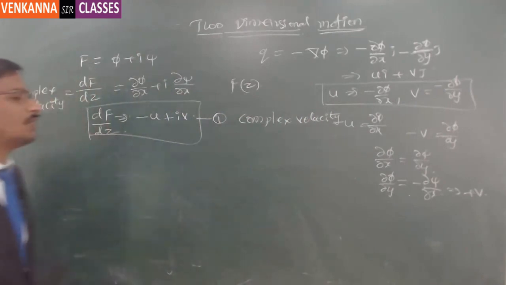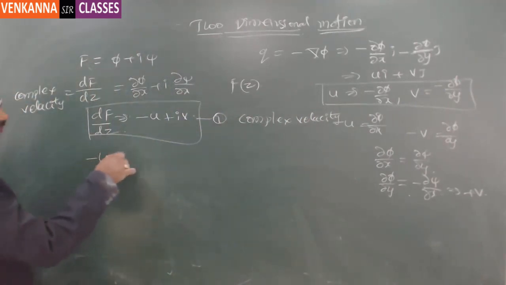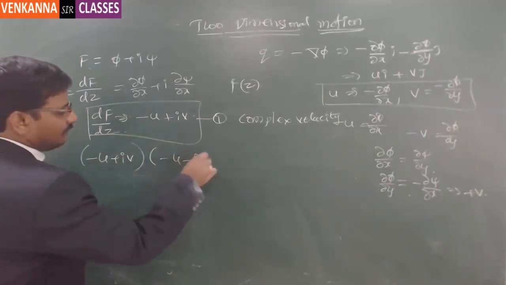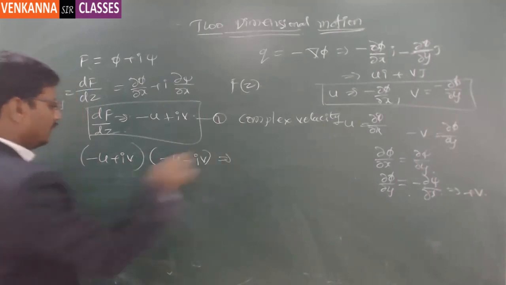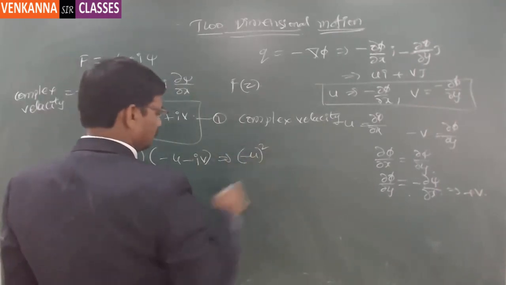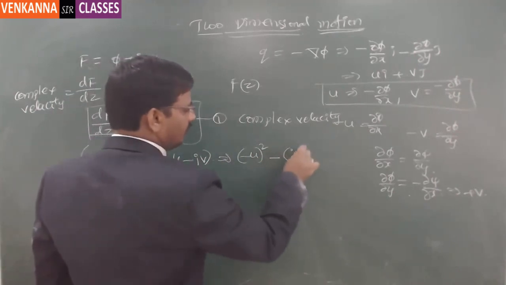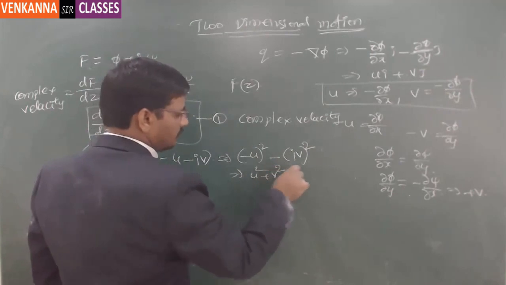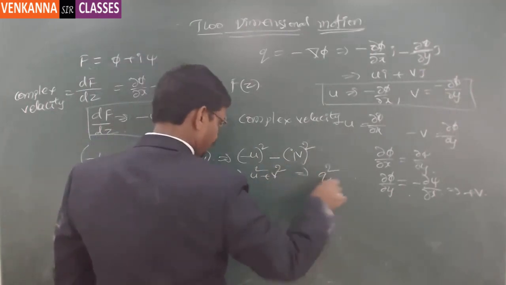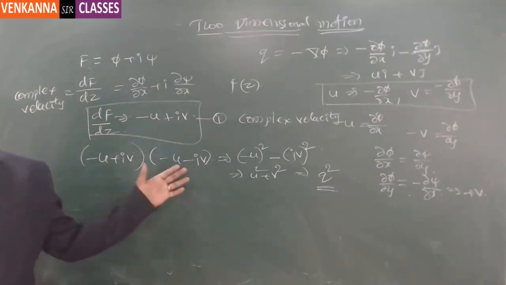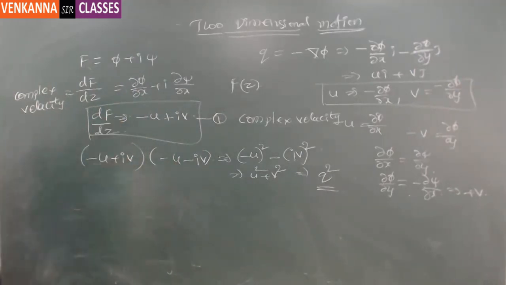Now if you want to find the magnitude of the complex velocity, we know that minus u plus iv into minus u minus iv, the product of these two, is a plus b into a minus b, that is a square minus of iv whole square, and this will be u square plus v square. This is nothing but q square. You can get this by taking the derivative of the conjugate function.